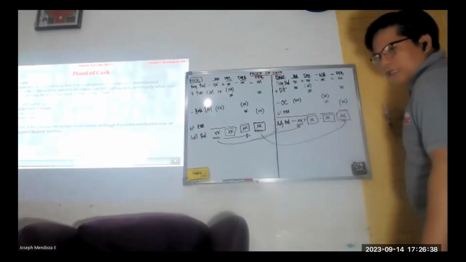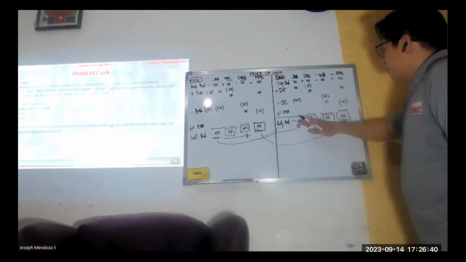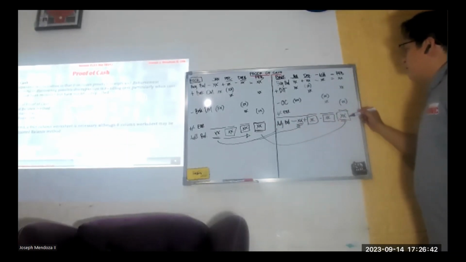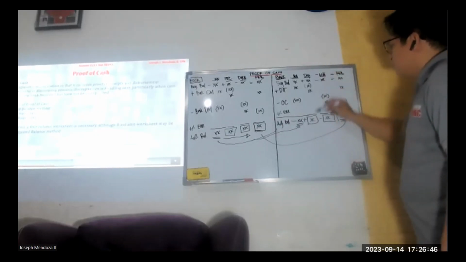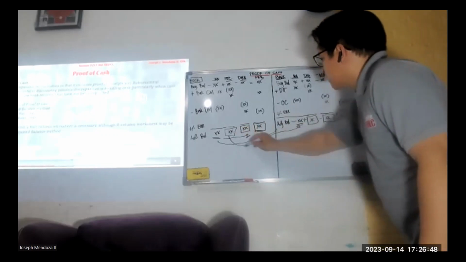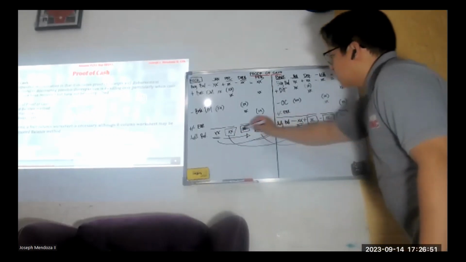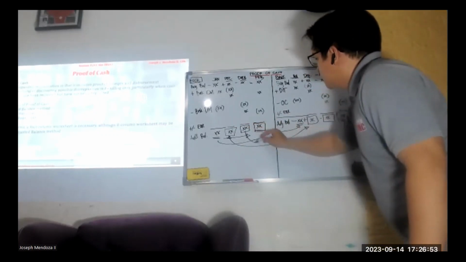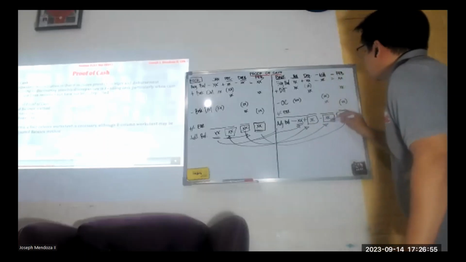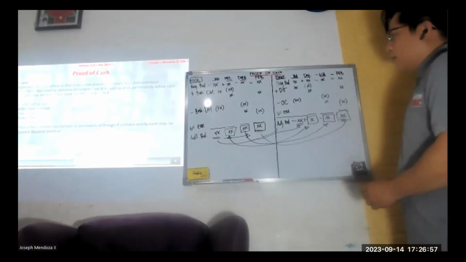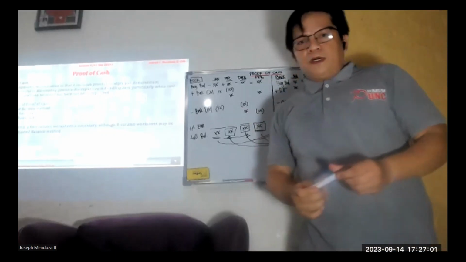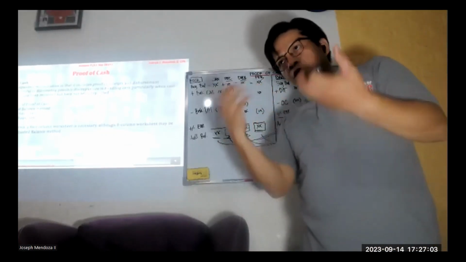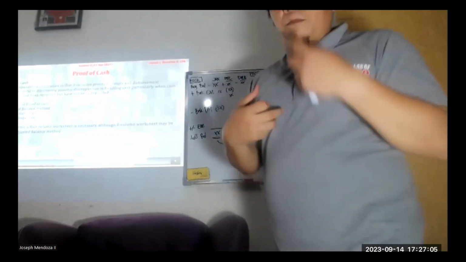So, makukuha mo yung adjusted balance and it has to match. Same way na yung this deposit has to match with the adjusted receipts, and same way the disbursement has to match the adjusted withdrawal. So basically, that's the whole concept of the proof of cash.